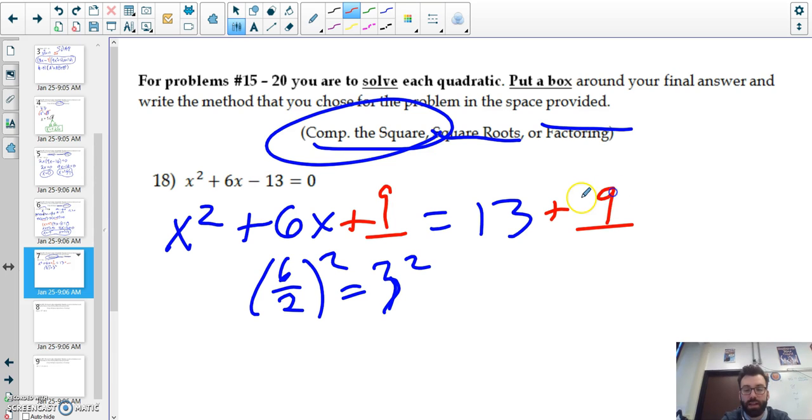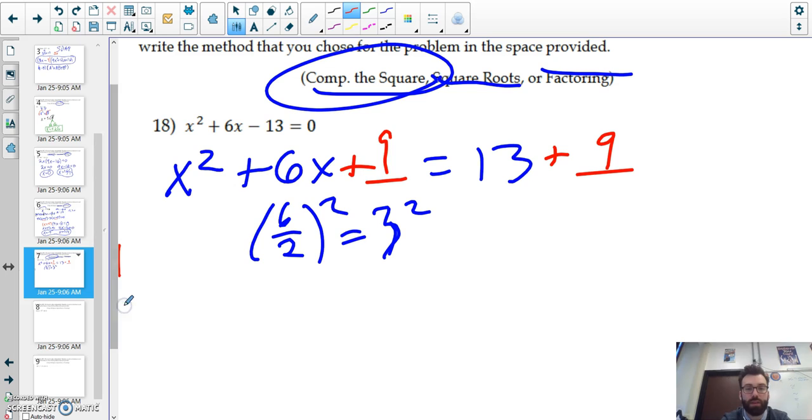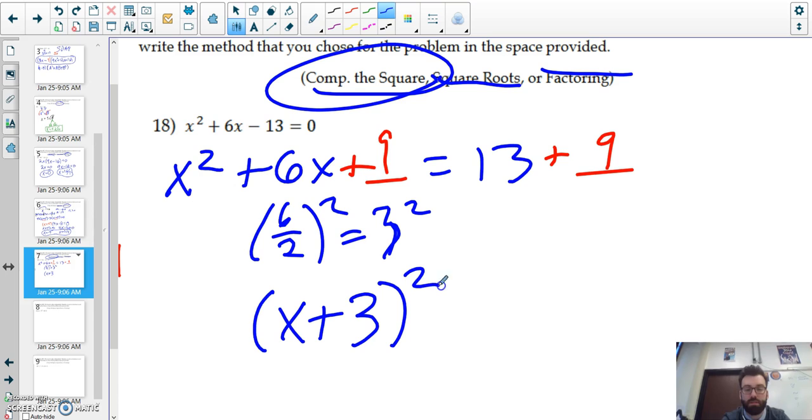And what I do to one side, I have to do to the other. Remember, the reason we complete the square is to create a perfect square trinomial. This is a perfect square trinomial here. That becomes x plus 3 squared equals 22.